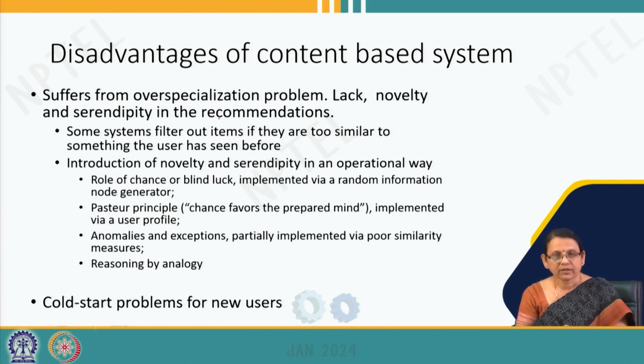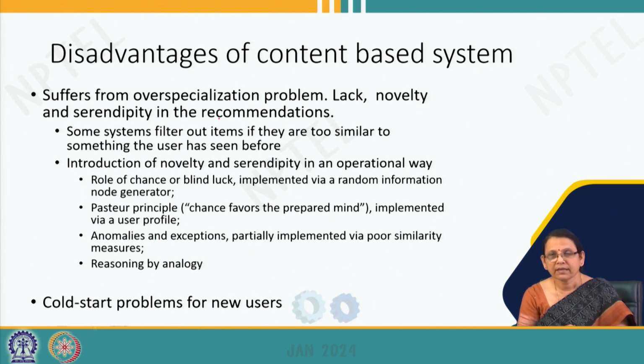So, some of the ways in which you can avoid it is by filtering out some of the very highly recommended items and going for the lower ones. And you can also introduce this novelty and serendipity in an operational way at the time of programming.